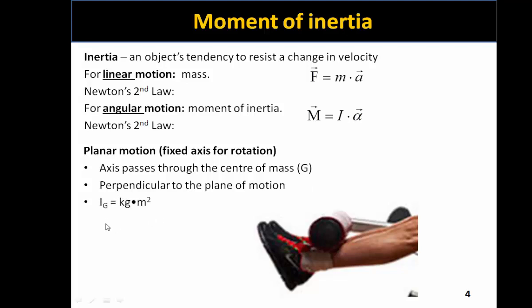The units for the moment of inertia are kilogram meter squared. As we look at the inertial term in the linear case, the units are kilograms, but we also have to consider how the mass is distributed about the rotating system from the point of rotation.